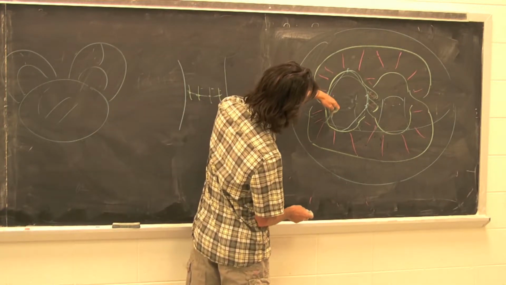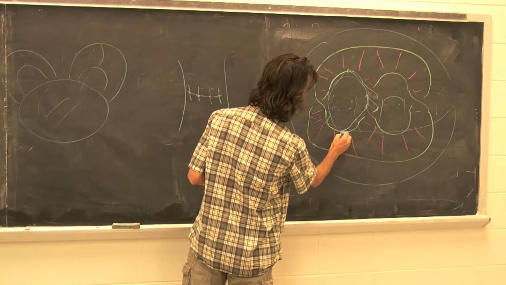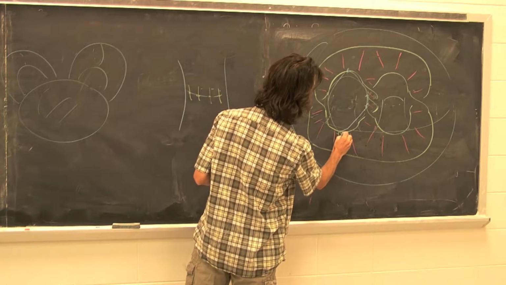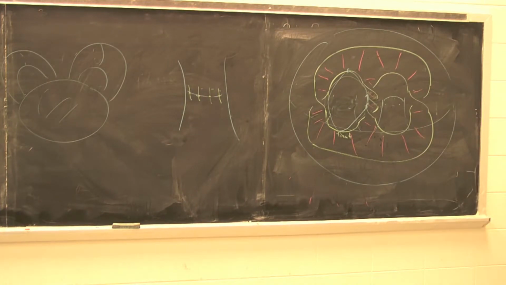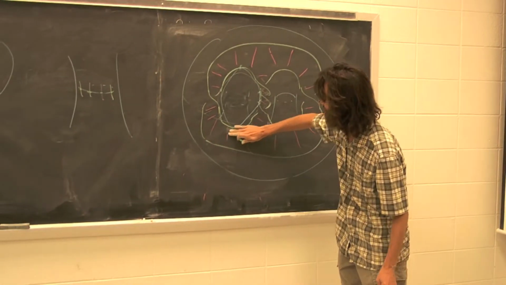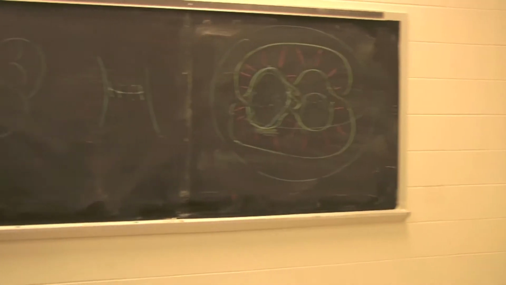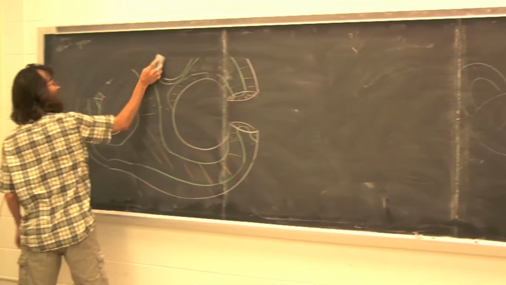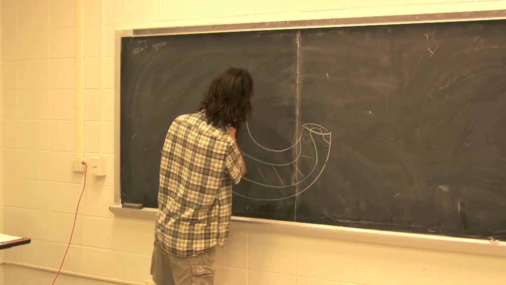I should be a little more careful as to what's up and what's down. And so let's say this is front. What am I trying to do? You might see it better than me, but let's try to salvage this argument, this picture.